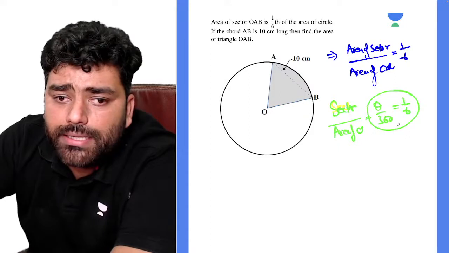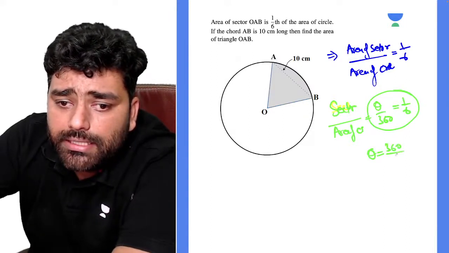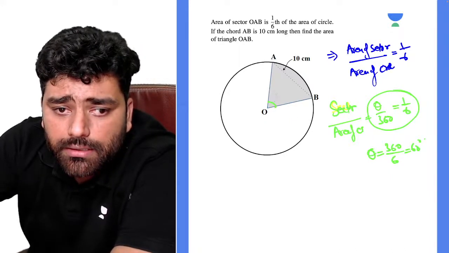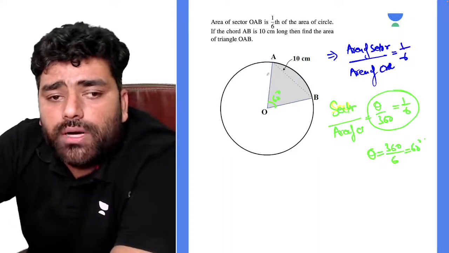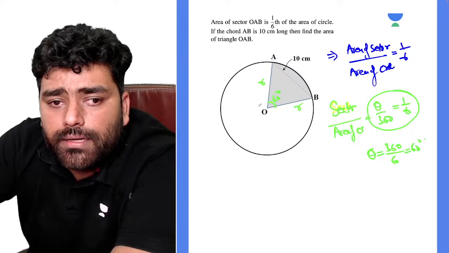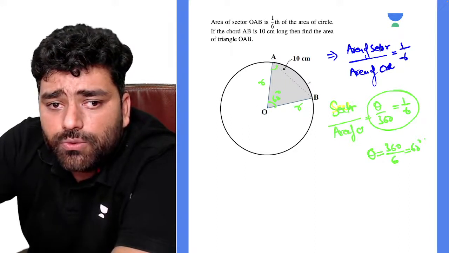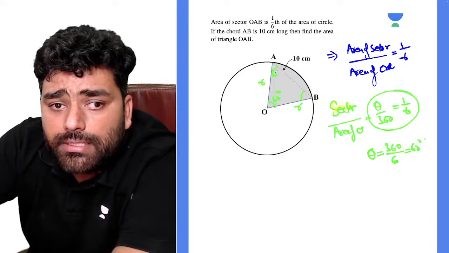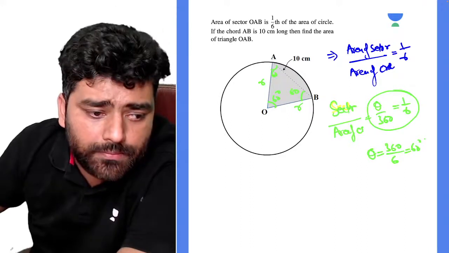If that is 1 by 6, that means theta, the central angle, should be 360 divided by 6, which is equal to 60 degrees. That means this angle is 60 degrees, right guys? And now, because AO is a radius, this should be an isosceles triangle. So the sum of these two remaining angles is 120, and if they are both the same, this is 60 and this is 60 as well, right guys?